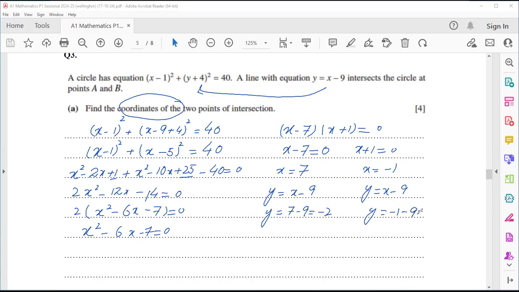So you have 2 points. What are those 2 points? The first point is 7 and minus 2. Remember that you have to write the first coordinate in the first place and the second coordinate in the second place. So these are the 2 points, A and B: (7, minus 2) and (minus 1, minus 10).